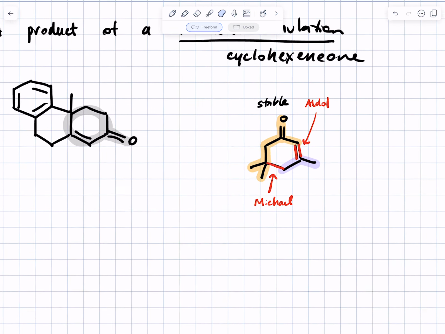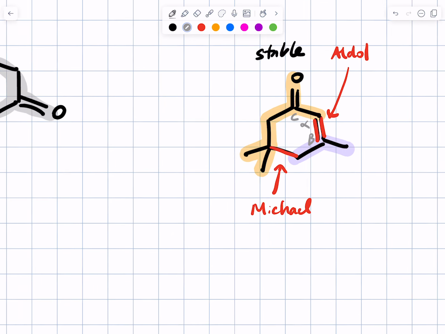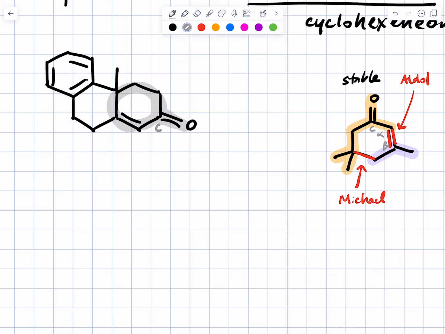All you have to do is look for the ene-one structure, the ketone and the double bond, and start counting back from there: carbonyl carbon, alpha carbon, beta carbon. Those two bonds are the bonds that we made in the aldol reaction. Has to be.